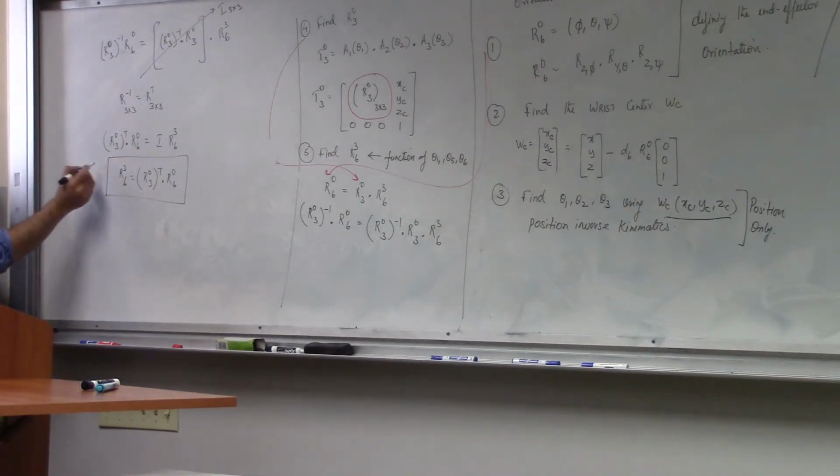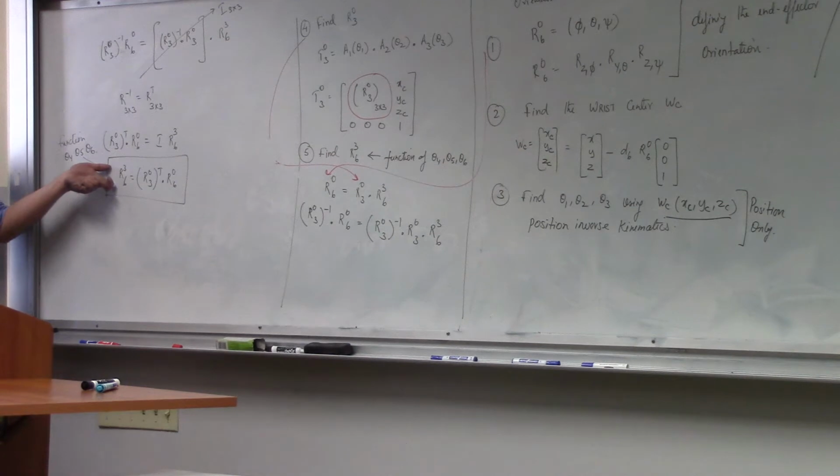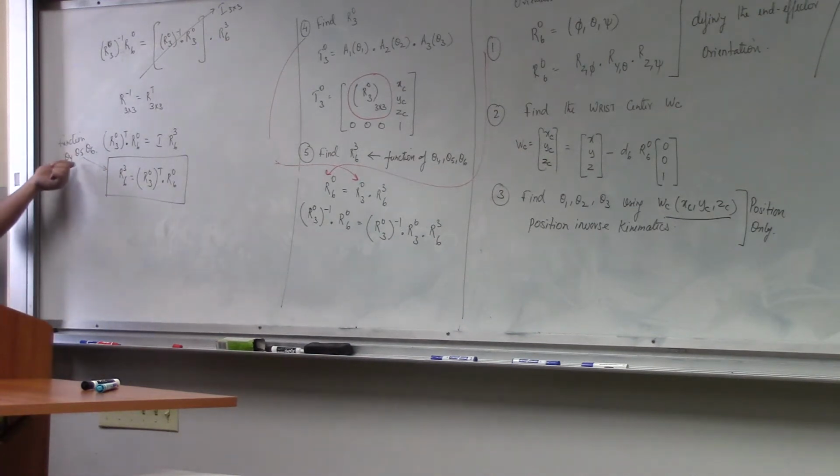Okay. And R36, as we mentioned here, is a function of theta 4, theta 5, and theta 6. So once you know the R matrix, how do I find theta 4, theta 5, theta 6?